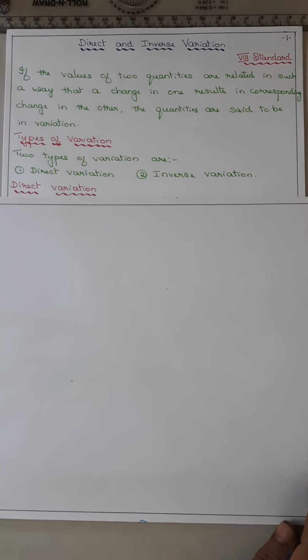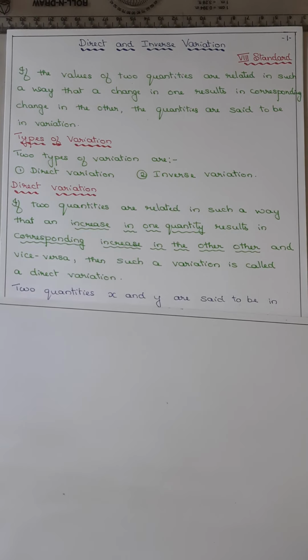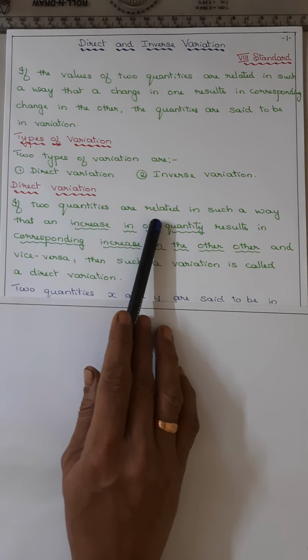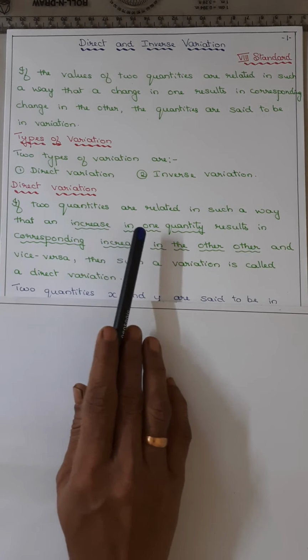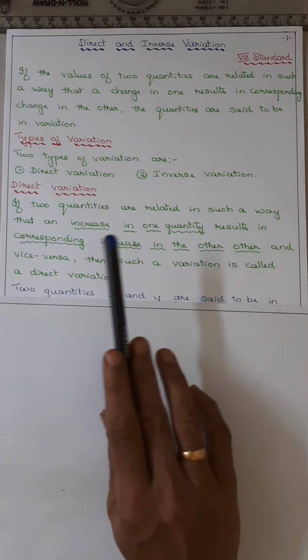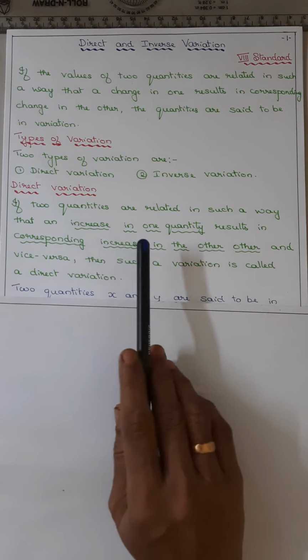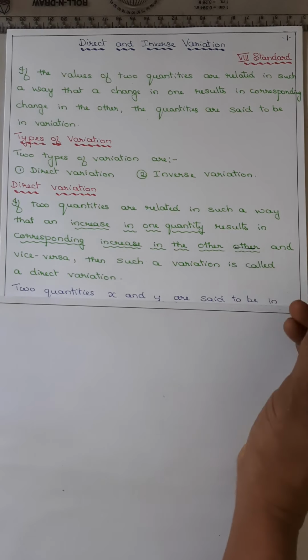Today we will discuss direct variation. What is direct variation? If two quantities are related in such a way that an increase in one quantity results in a corresponding increase in the other and vice versa, then such a variation is called a direct variation.